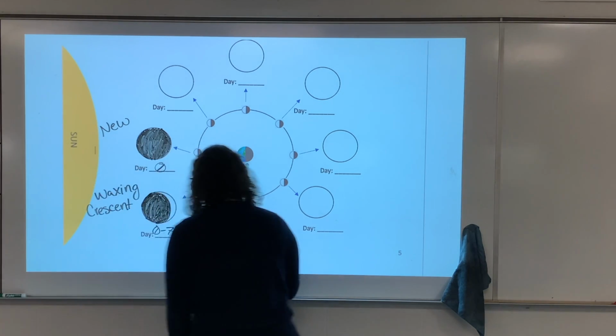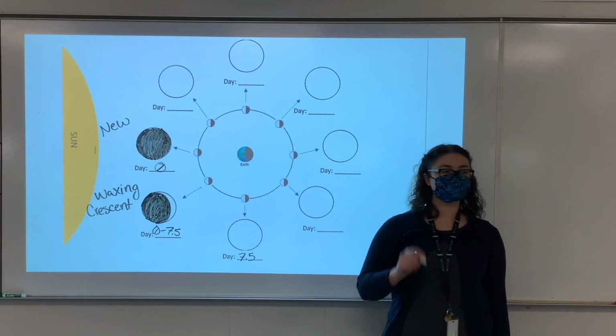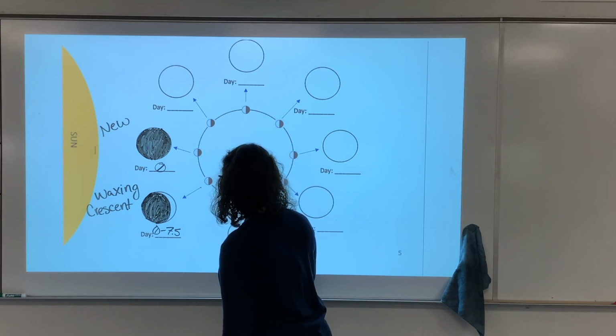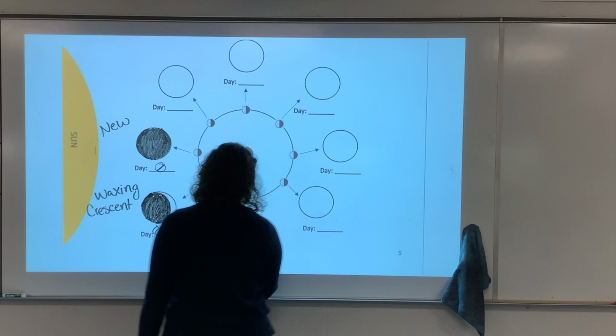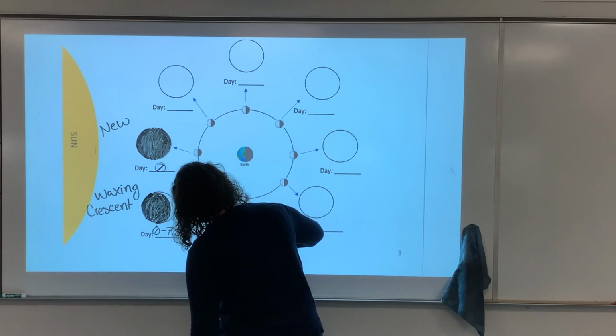Then at day 7.5, we get our first quarter moon. So that means the entire right half of the moon is illuminated. Left half should be shaded in.